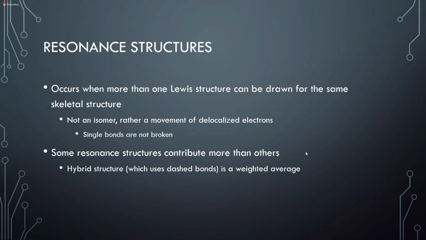Bonds that always exist are going to be straight, consistent bonds, but bonds that sometimes appear because our electron densities are moving around are going to be shown in dotted lines. This resonance hybrid is a weighted average of all those resonance structures that you came up with originally. The way that we test which ones are going to be more shown in the resonance hybrid is by going through electronegativities and formal charges.